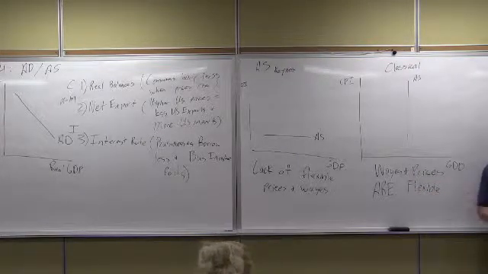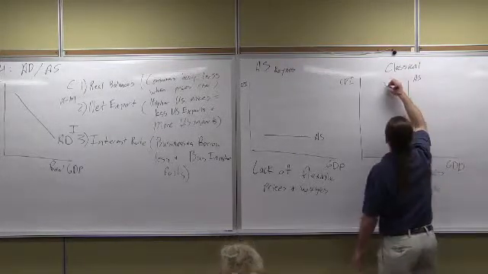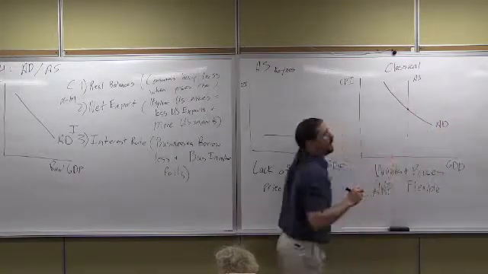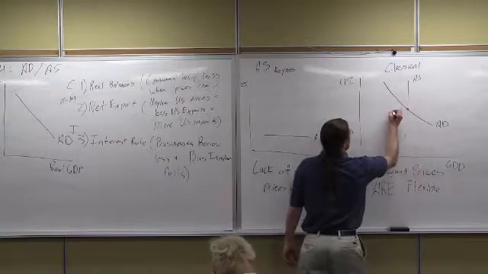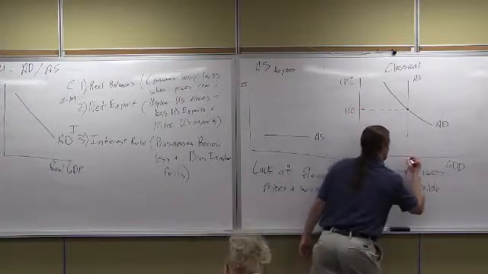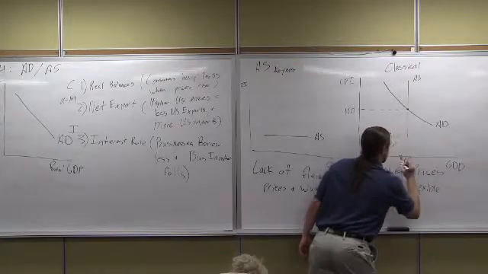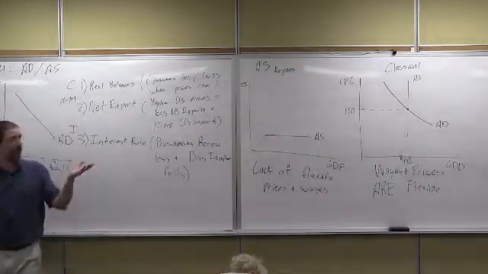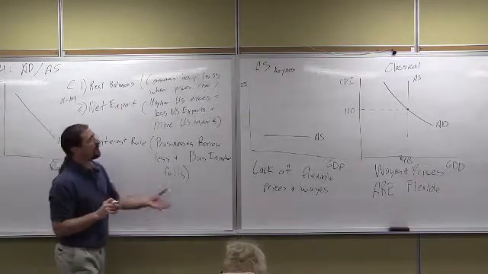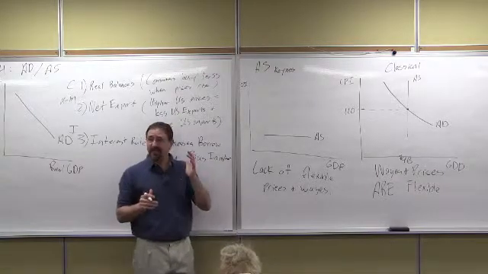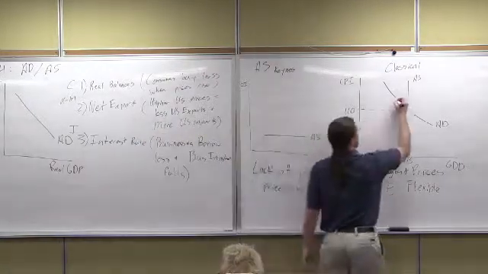When there is a recession, here's aggregate demand, folks. Everyone, including classical economists, agrees that when there is a recession, aggregate demand falls. So aggregate demand shifts to the left.